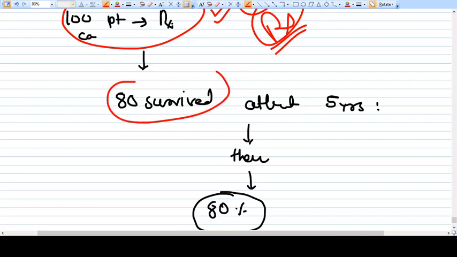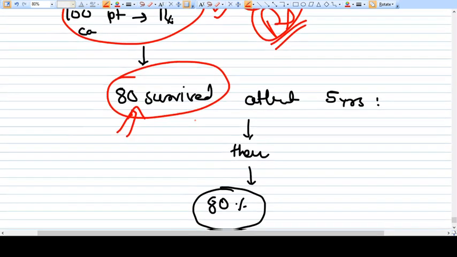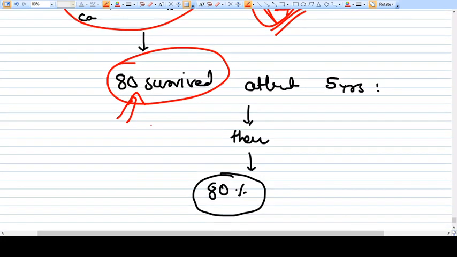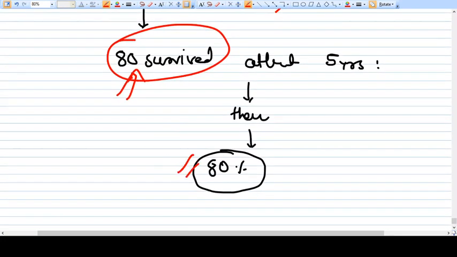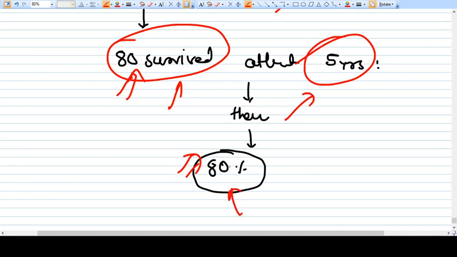For example, 80 patients survived. So 80 out of 100 means the 5-year survival rate is that 80 people survived at least 5 years. So the 5-year survival rate will be 80%. So it's a good treatment.